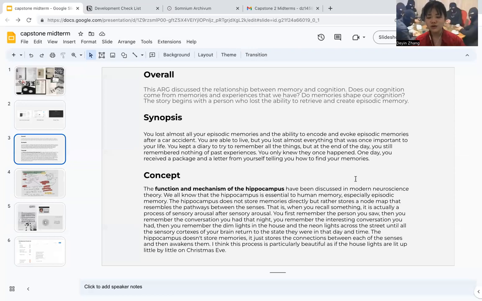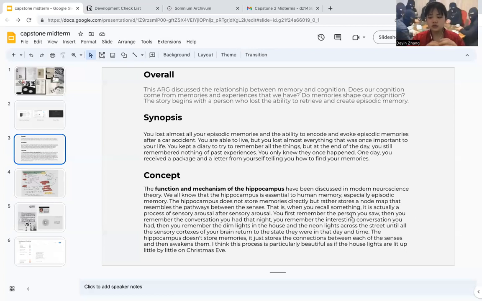You only knew they had once happened, and one day you received a package and a letter from yourself telling you how to find your own memories, and then you began the journey of finding what happened in the past, and what the relationship is between all the experiences and your memory, and even about yourself. This is pretty much the main story of the ARG.